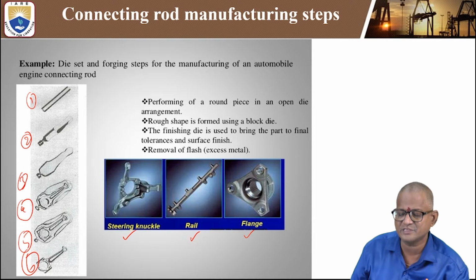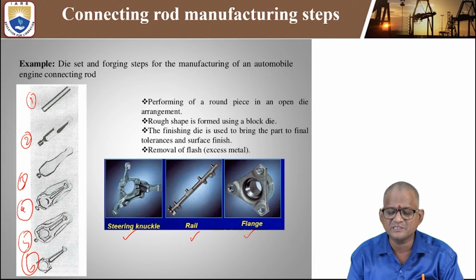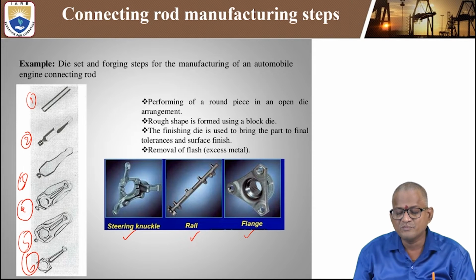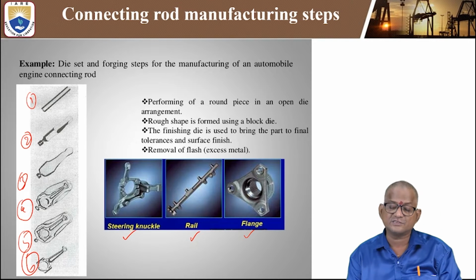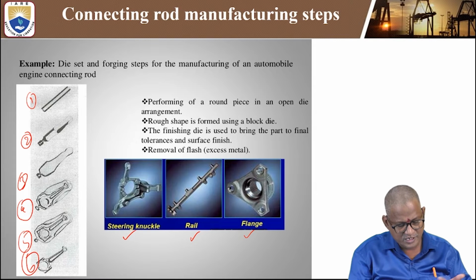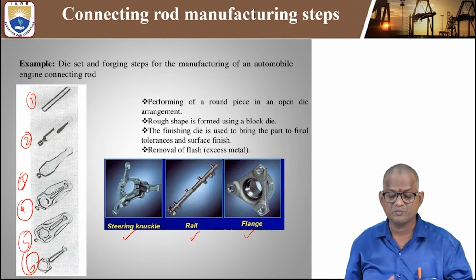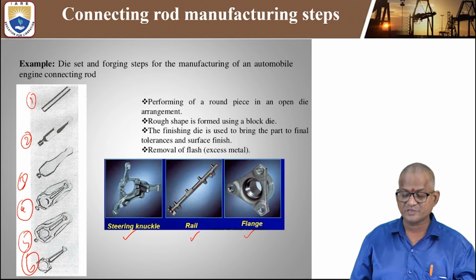Performing a round piece in the open die arrangement, enough space is formed using the block die. Some blocking can also be done at the end, and if you apply the block, the blocking operation will be done.